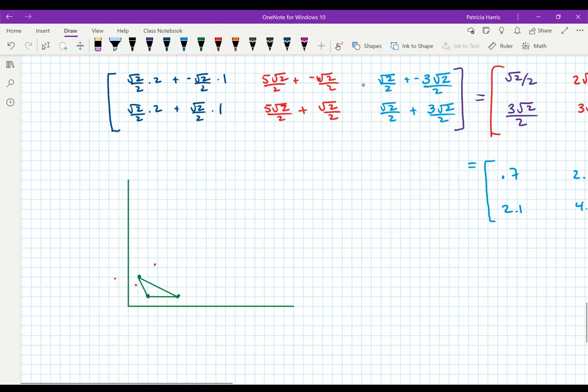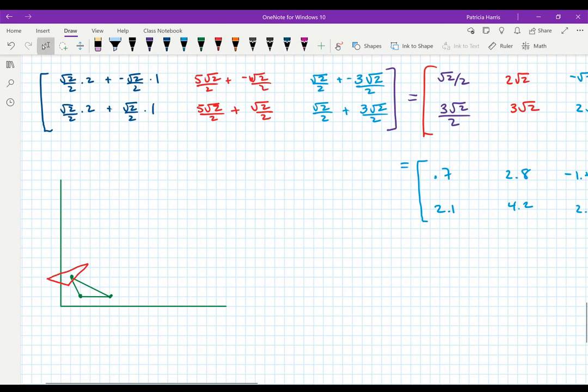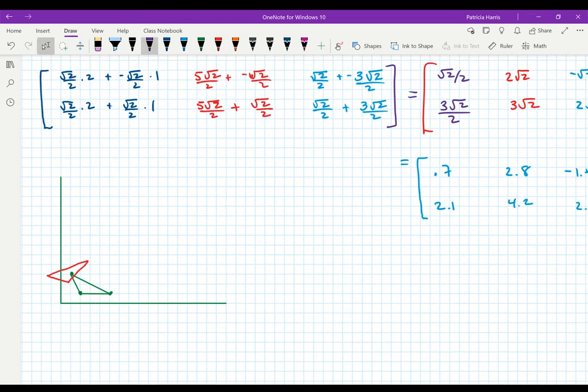That's not working out for me, huh? Okay, so you'll notice that your 2.1, or excuse me, your 2.1 matches up with this point right here.